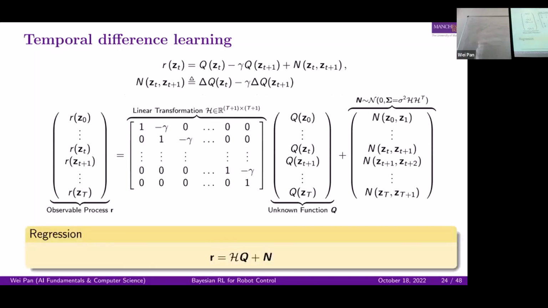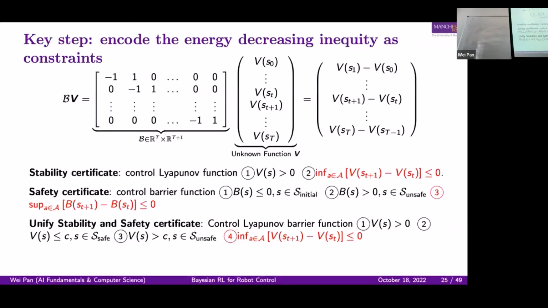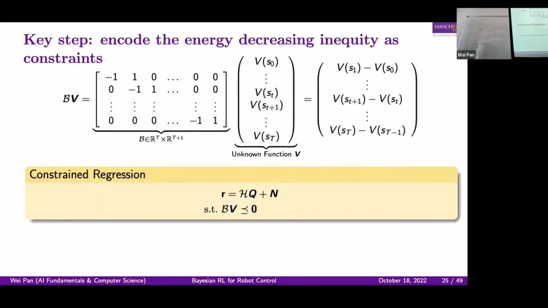So essentially, you try to solve a linear regression problem. But the key step is to encode the energy decreasing inequality as constraints. So we can encode this first order difference function B to represent the difference of the value function over time. And we can encode these energy decreasing inequalities as a constraint for the regression problem.